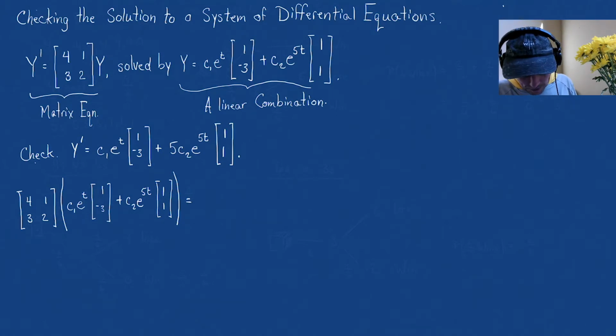When I distribute, I'm going to use some arrows here for explanation. When I distribute this matrix through the c1 e to the t, that's just a scalar, so that doesn't affect our matrix times the vector.